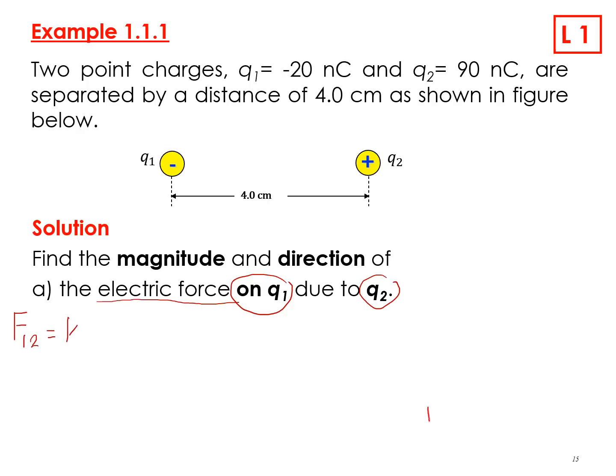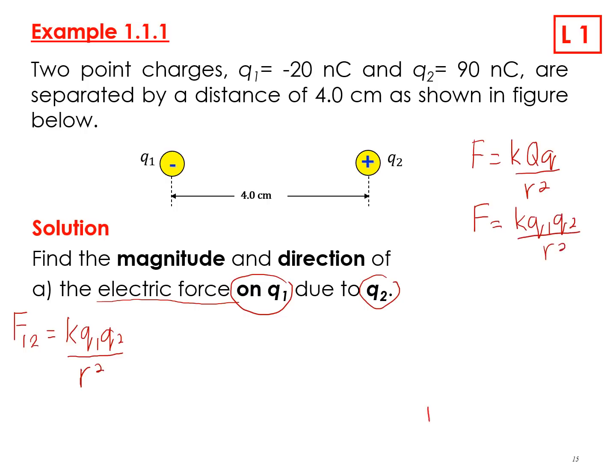Generally the equation is F equals k Q1 Q2 over r squared. Sometimes it is written with a capital Q and small q over r squared.